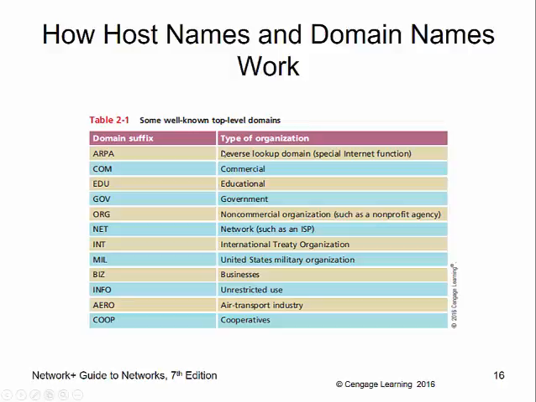There are only certain top-level domain names out there. Now, this list was expanded a few years ago, but it's still relatively small, right? Look, .com for commercial websites. We're all familiar with that one. .edu, that's what you use to even get to Blackboard. So schools get edu suffixes, government, and so forth.